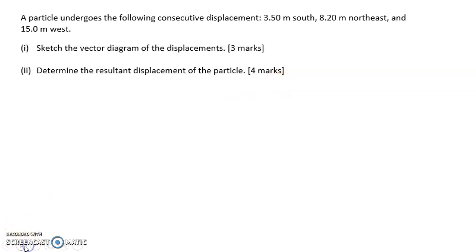For reference, I will be drawing the directions at the top right of this slide. So we have north, south, west and east. For each of these four directions, the angle will be 90 degrees to one another.